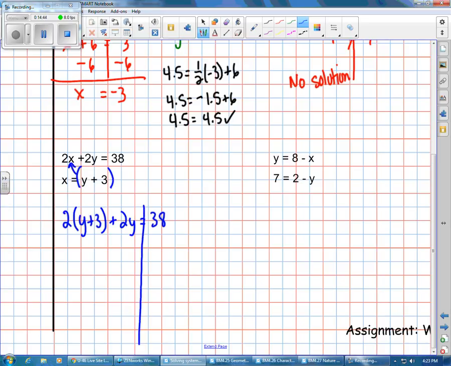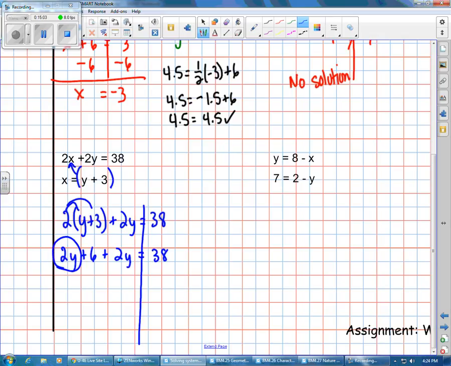Evaluate the left side of the equal sign. I'm going to have to distribute the 2 over everything inside the parentheses. So I'll have 2y plus 6 plus 2y equals 38.